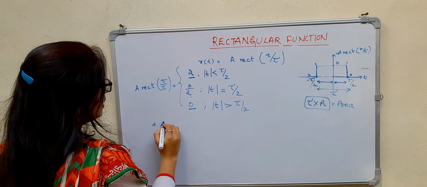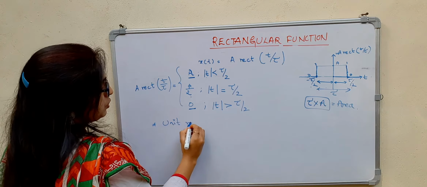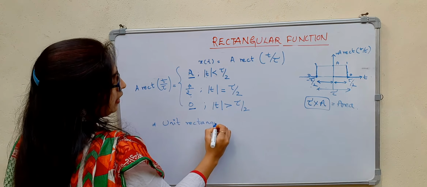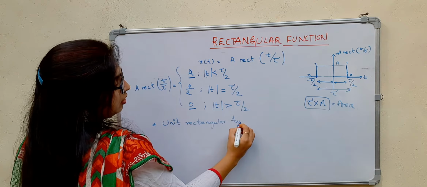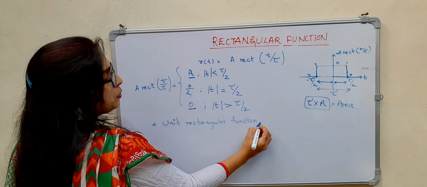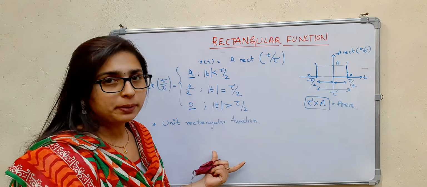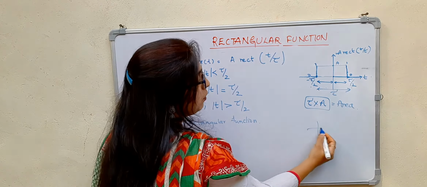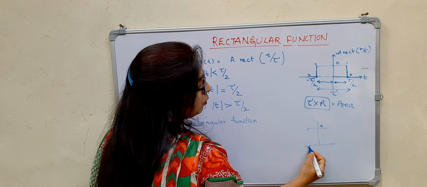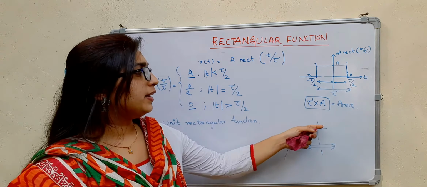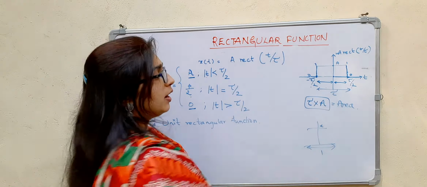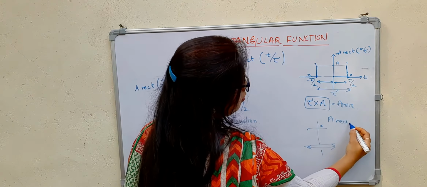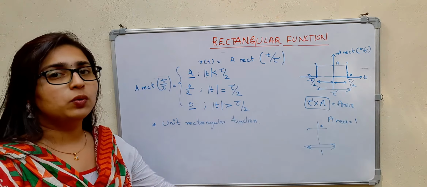Next, when I consider the unit rectangular function, it produces a rectangular pulse which has height 1 and width 1. When height is 1 and width is 1, your area will be equal to 1.